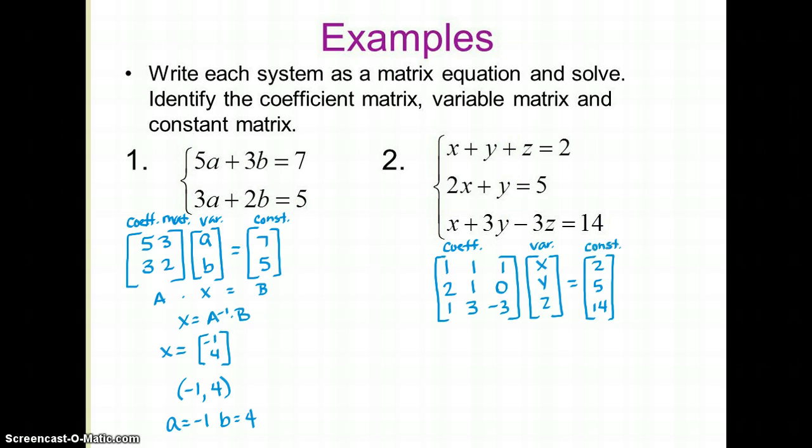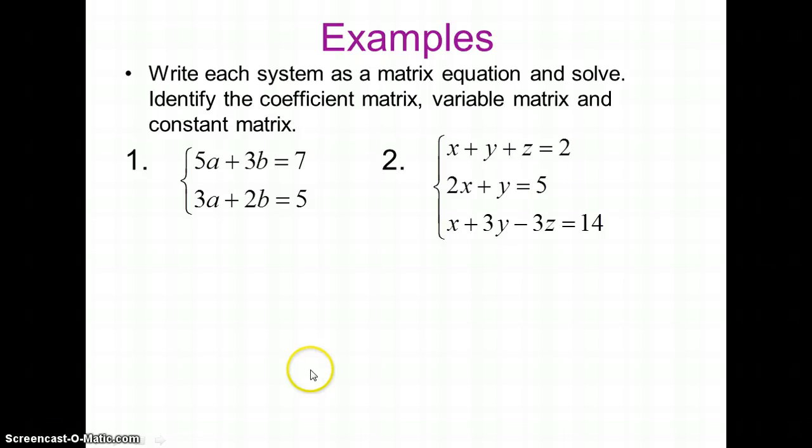All right, so now I'm ready to solve. And again, it's still A times X equals B. So X is going to be equal to the inverse of A times B. So when I find the matrix X, Y, Z, I'm going to be using my graphing calculator to do A inverse times B. So again, let's do that.